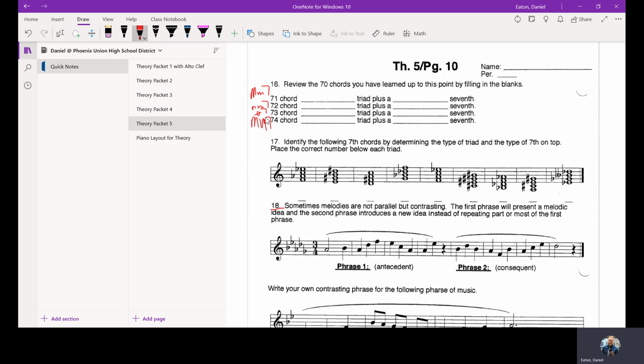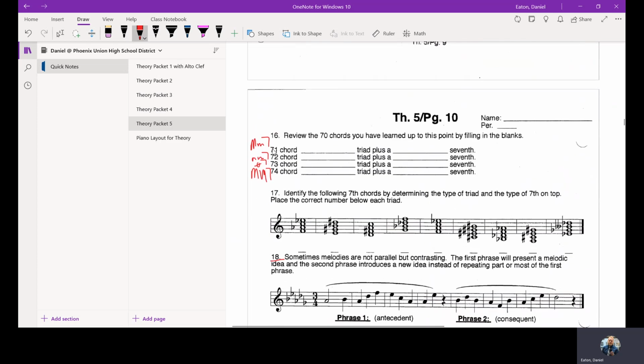I don't know why they did it that way, but this is just so you don't have to scroll back and figure out what is the 7-1 chord again. I've just told it to you. 7-1 is a major minor 7th. 7-2 is a minor 7th. 7-3 is a half diminished 7th. And a 7-4 chord is a major 7th chord. So again, I'm pretty much giving you the exact answers that you need here.